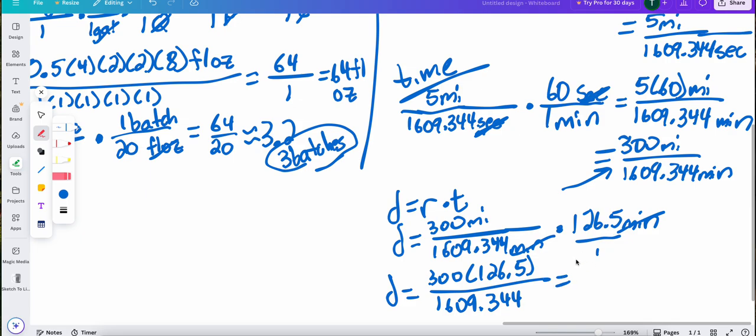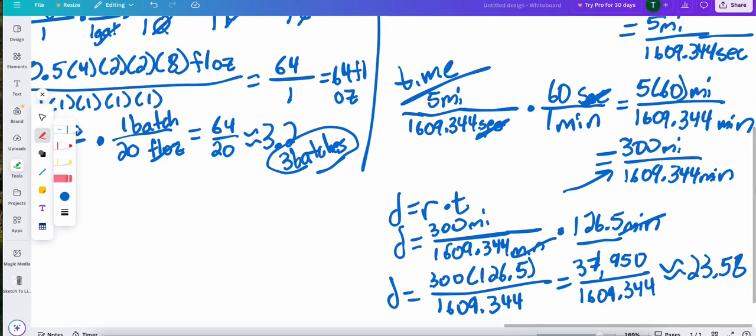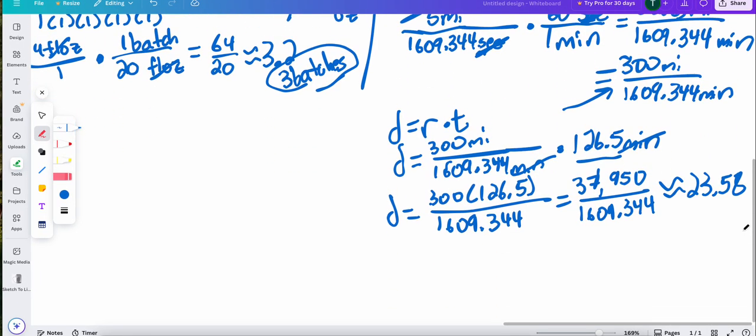If we multiply those two numbers, that is 37,950 divided by 1,609.344, which comes out to be about 23.58. So if we are thinking about this in terms of how they had it, which was 26.2, I would round this to 23.6.